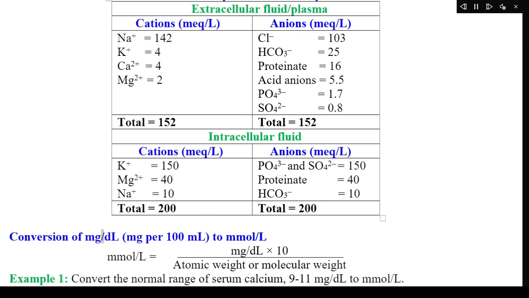Conversion of mg/dl, mg per 100 ml, to mmol/L. mg/dl times 10, divided by atomic weight or molecular weight. Example 1, convert the normal range of serum calcium, 9-11 mg/dl, to mmol/L.